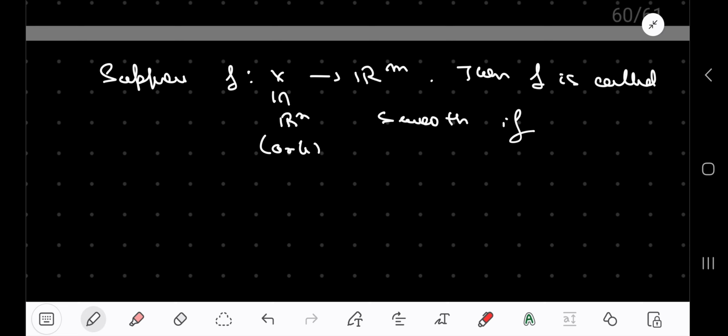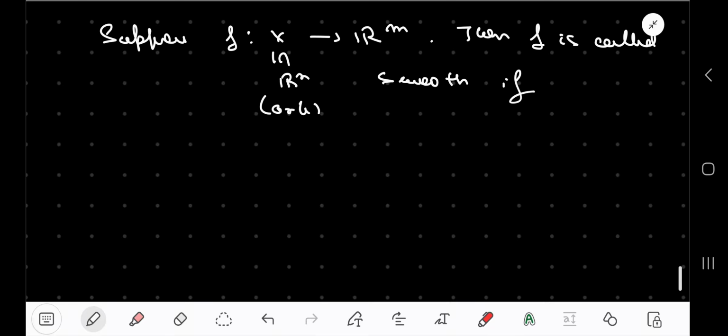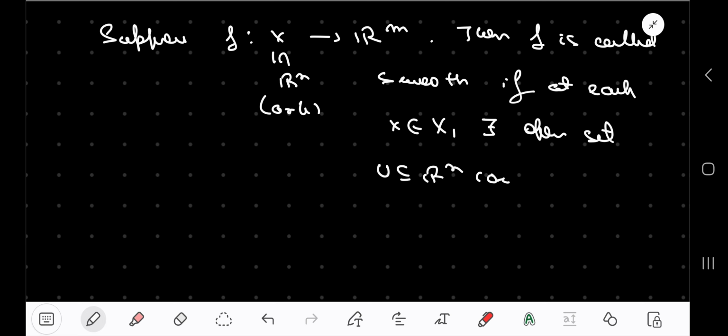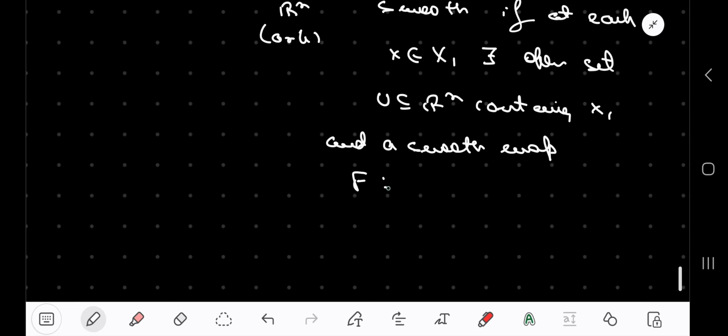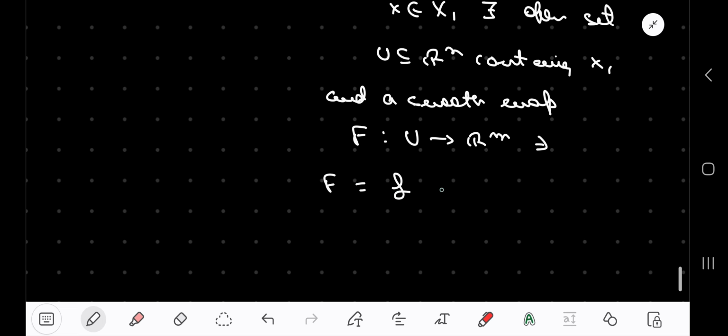So what we do is localize the definition. f is called smooth if at each x in X there exists an open set U in Rn containing x and a smooth map F from U to Rm such that F exactly equals f on U intersection X.